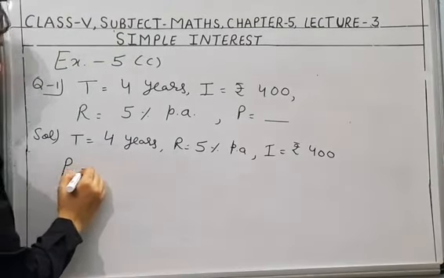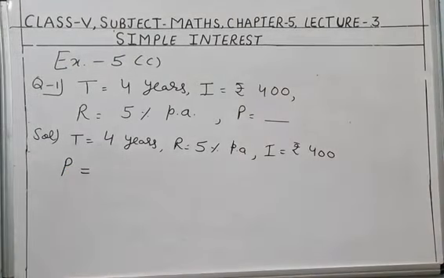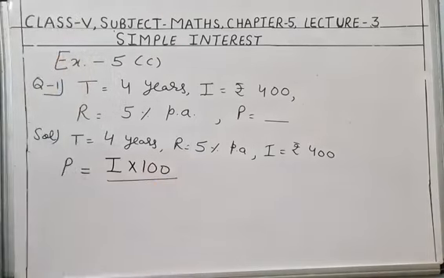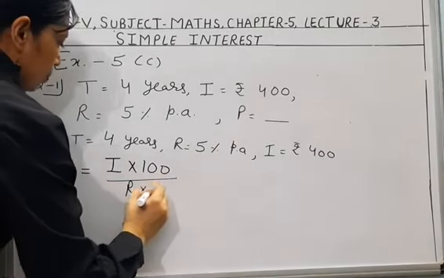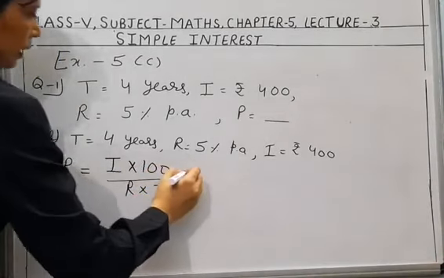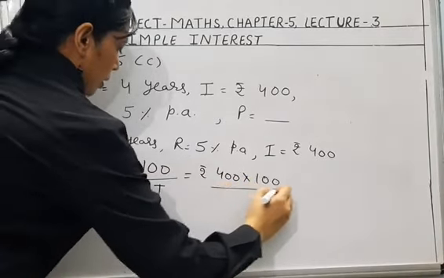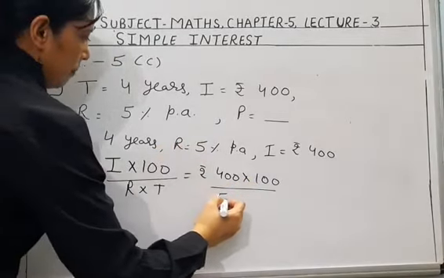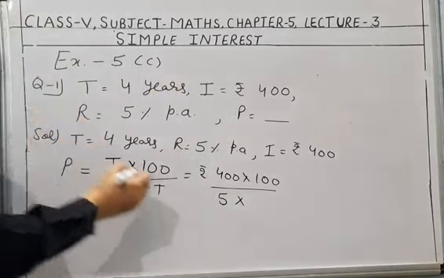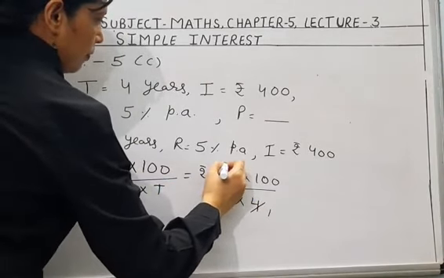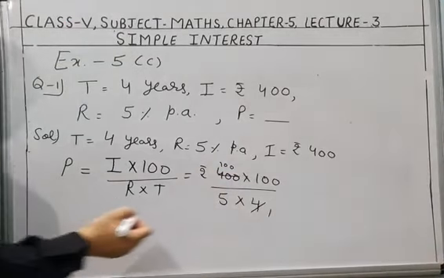Now we have to write down the formula for finding out the principal which we have done in the previous lecture. You all know that principal is equal to interest multiplied by 100 divided by rate into time. Interest is given rupees 400 into 100 upon rate 5% per annum multiply time. Time is 4 years. Right? Now 4 ones are 4, 4 zeros are 0, 4 zeros are 0.